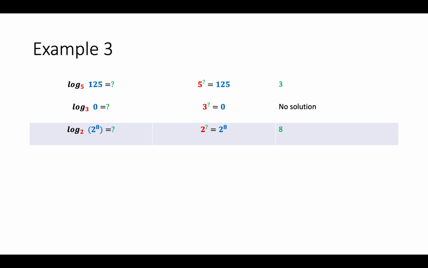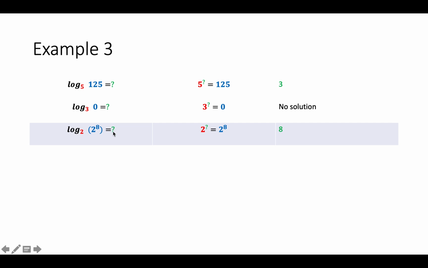Is that obvious? You have the same base here, 2, 2. So the green would equal the blue 8. Do you agree? Same base, they would have to have the same exponent in order for them to be the same numbers. So 2 raised to the 8th power equals 2 raised to the 8th power. So the answer to this one is 8.